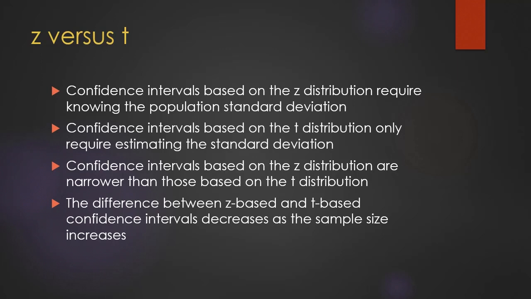So the critical values are going to start getting closer to those of a normal distribution, and therefore the margin of error will also be similar to what we would get using a z-based confidence interval. In the next video, I'm going to show you how to create confidence intervals using the sample standard deviation and a t-distribution.